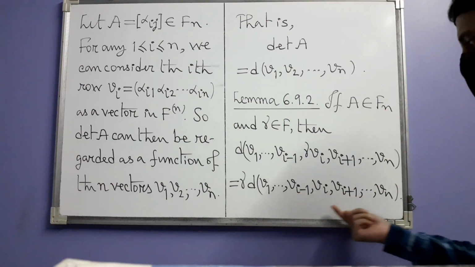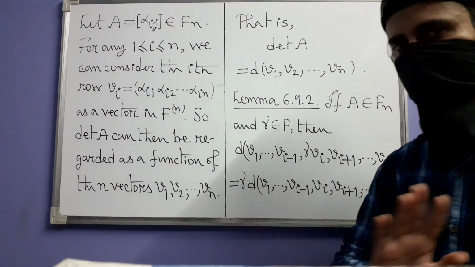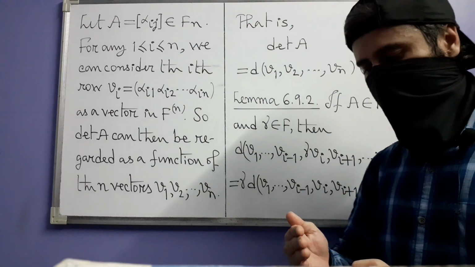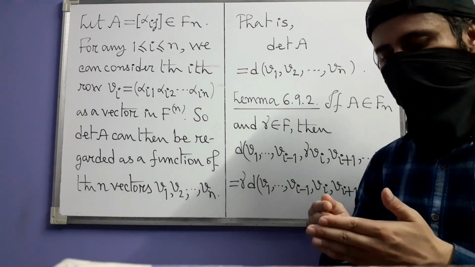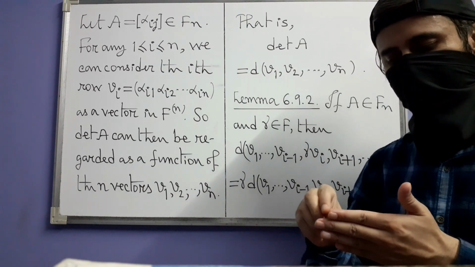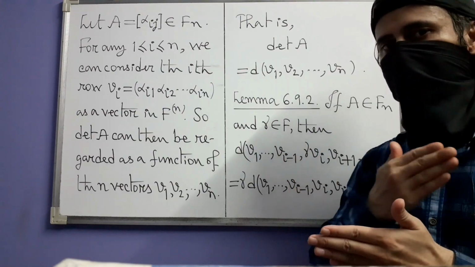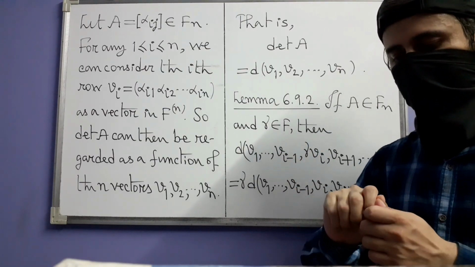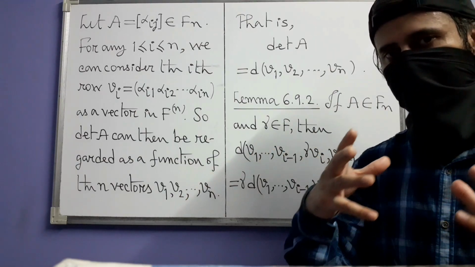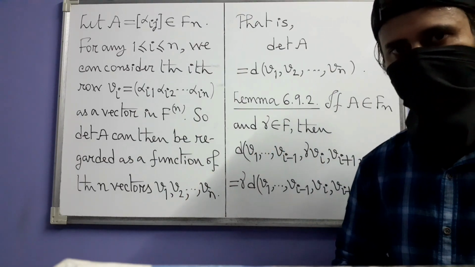So here, yes, all the rows are the rows of A. Or in other words, when you are calculating the determinant of a square matrix and you find that a row is something times another row, then you can take that something outside and calculate the determinant of the remaining matrix.